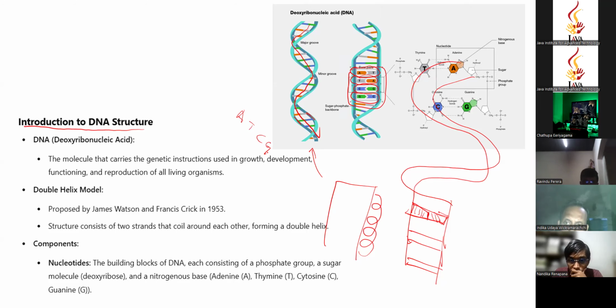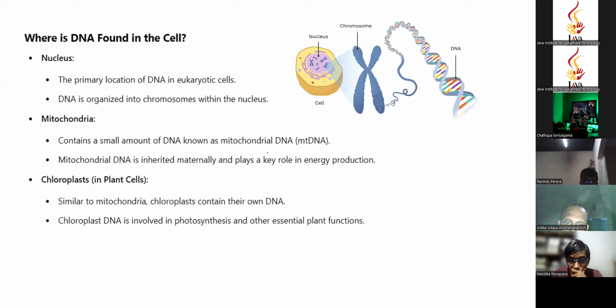Where is this? This is inside the cell, the human cell. Inside the cell we have a specific part called the nucleus. That is the controlling panel of the cell, if you want. It's a different compartment, what we call a cellular compartment.